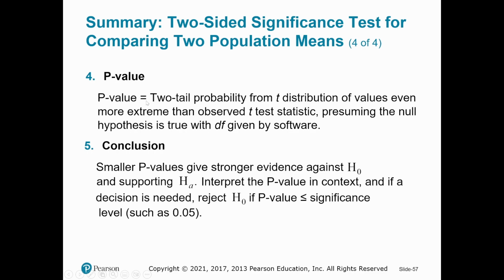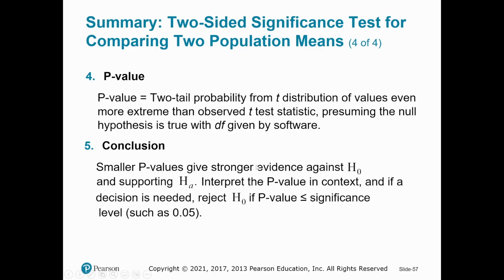If you have a two-sided or two-tailed significance test, you have a two-tailed p-value, and you're going to double the right or the left tail that you get. You did this in stats 1, so it's the same exact idea.